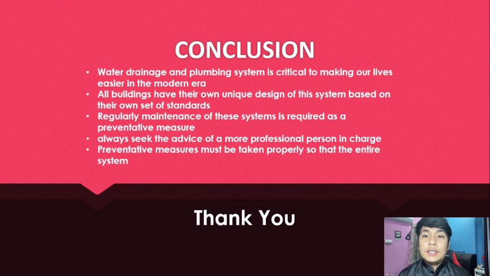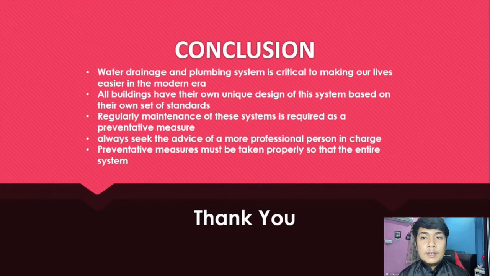So we conclude that the water drainage and plumbing system of any building is critical to making our life easier in the modern era. Unfortunately, even if every precaution has been taken, errors or problems with this system will always occur.